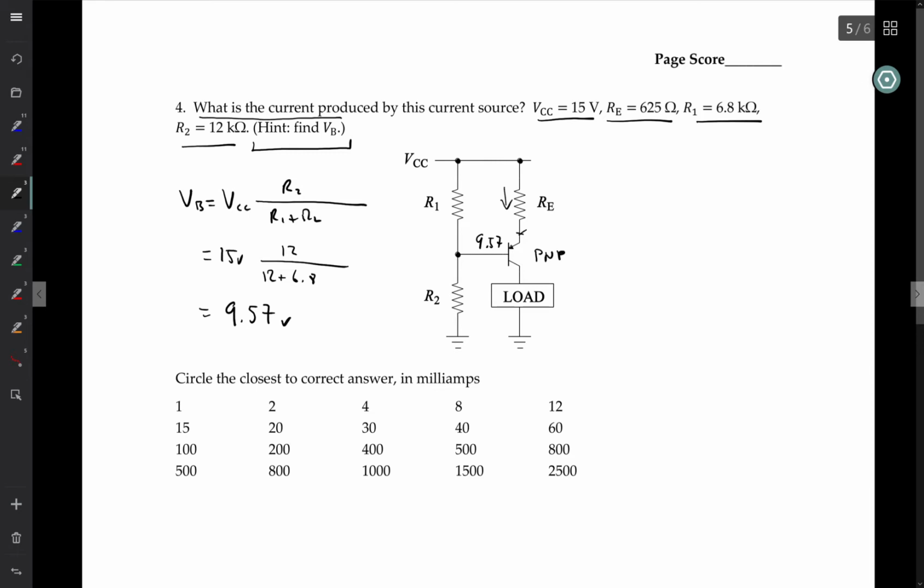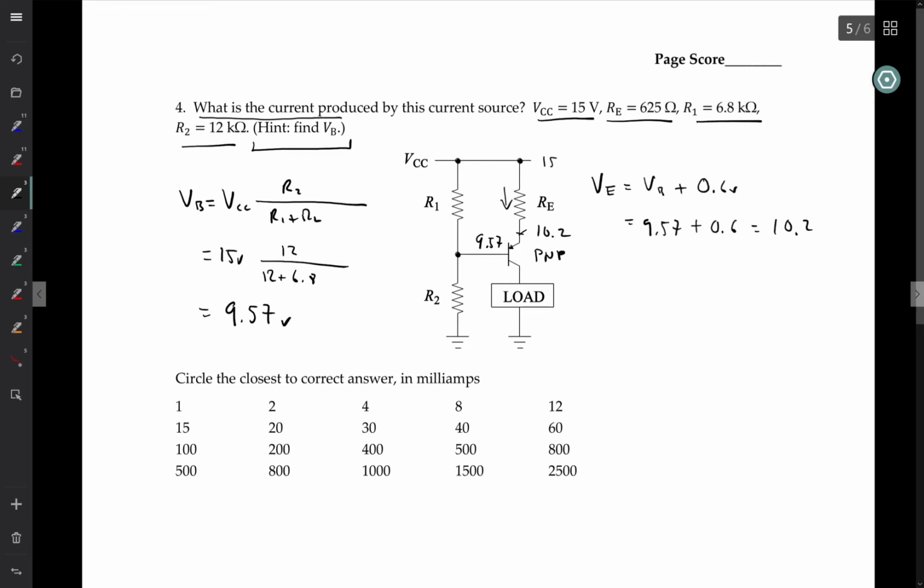So I know that VE is going to be equal to VB plus 0.6 volts. And that is going to be 9.57 plus 0.6, which is basically going to give me 10.2, rounding off the 9.57 to 9.6. So I've got 10.2 volts here.